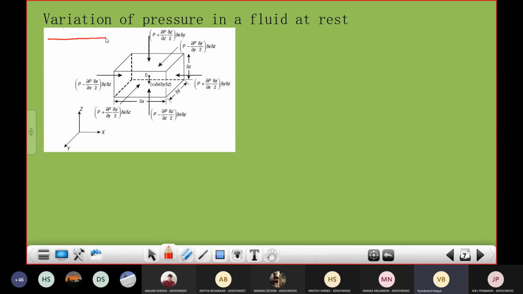So let us say we have a static fluid like this. Out of this I am taking one small element in the form of a parallelepiped, and I am going to analyze this using the forces acting on it. So we'll find out the variation of pressure in a fluid at rest.